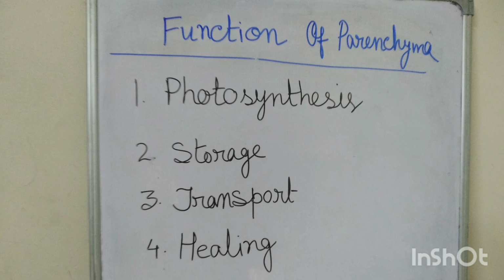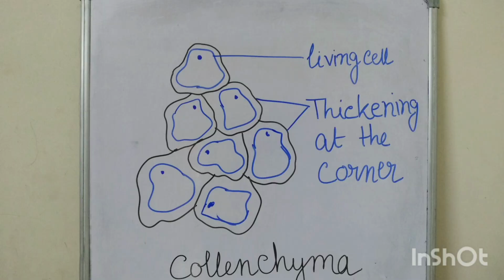The plant can store it in the parenchyma. It also transports water and minerals, through the xylem parenchyma and the phloem parenchyma. And it has some flexibility.